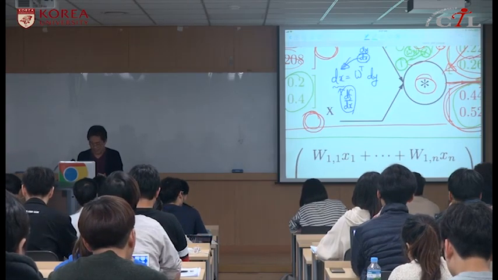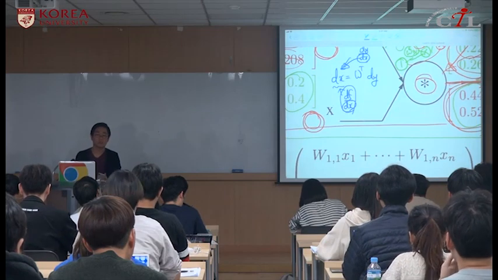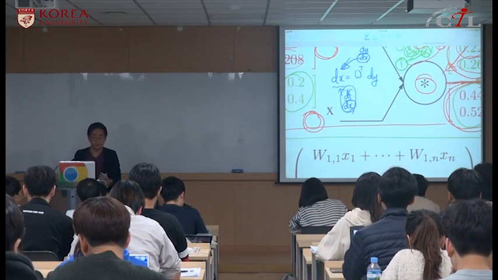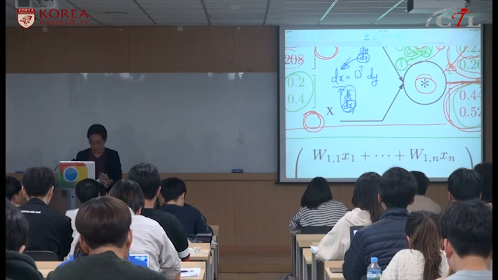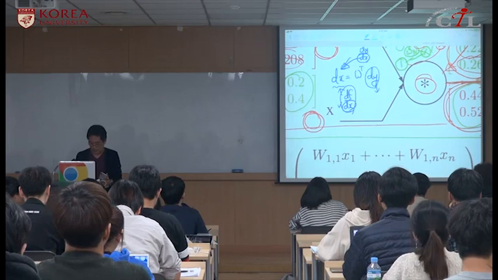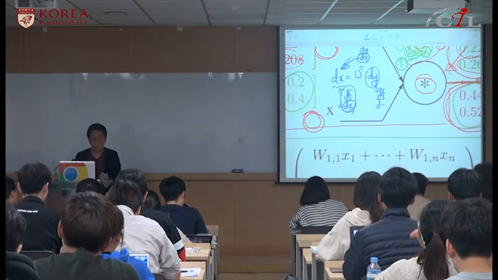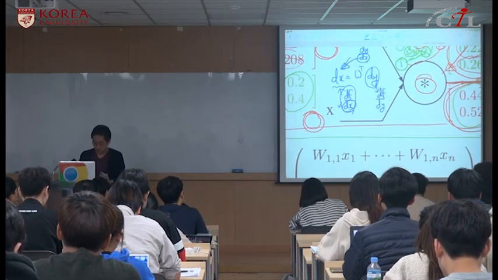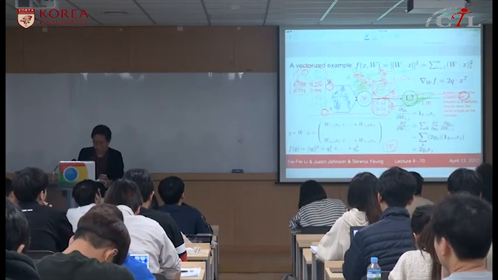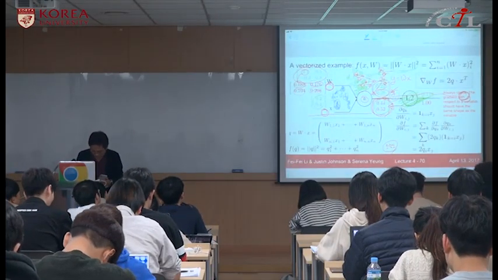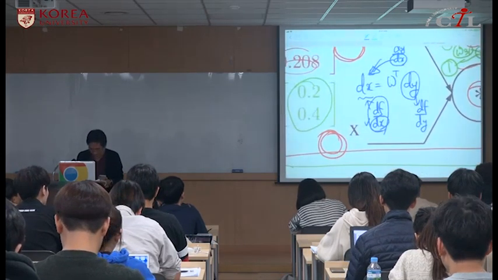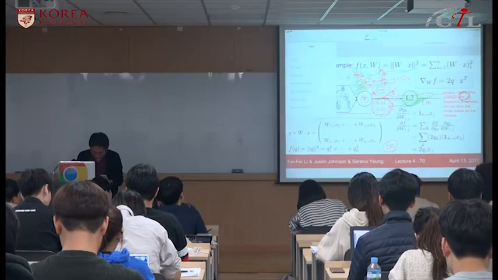It means the partial derivative of our loss function with respect to a different variable. Here the variable is x, and this is df over dy. I think you understand this equation.